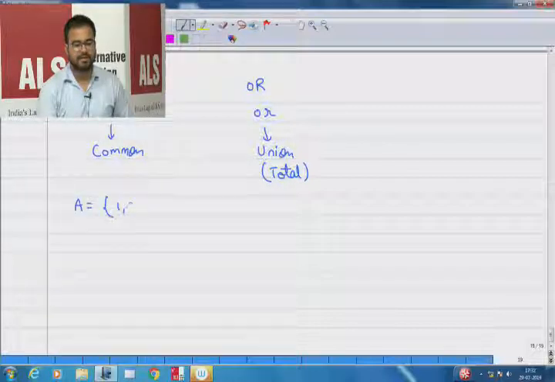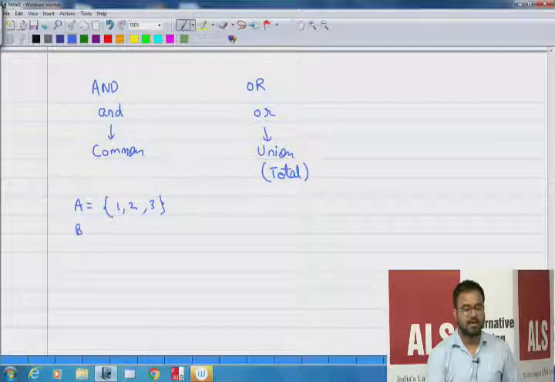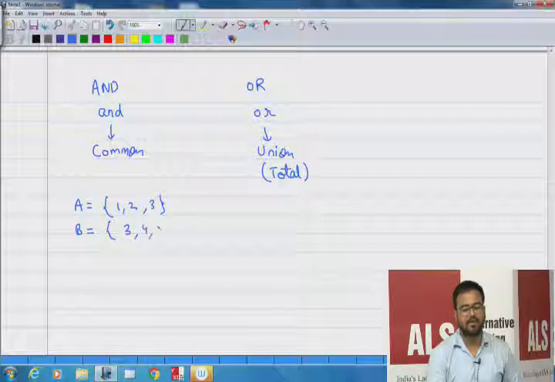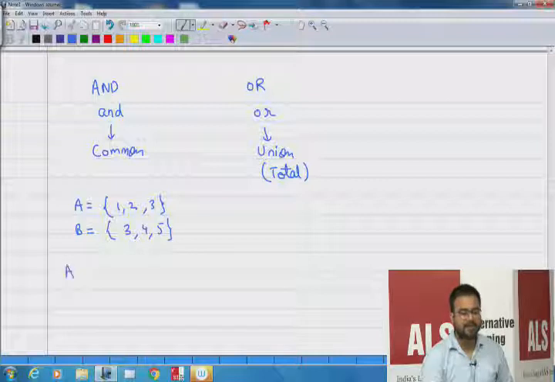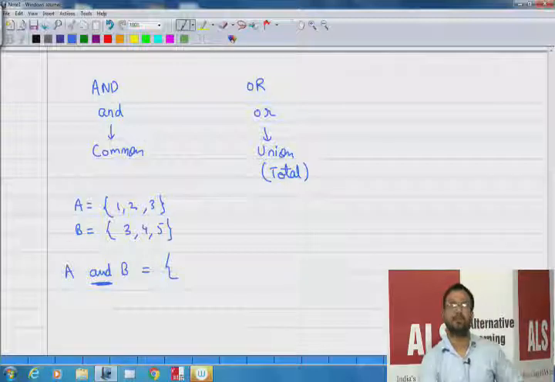So basically, if I say A is a set having these elements, and B is a set having the elements, let's say, 3, 4 and 5. If I say write a set A and B, the set having the elements A and B, using this symbol "and", you will see what are the common elements in both of them.